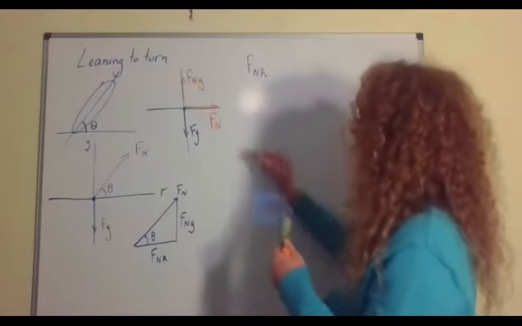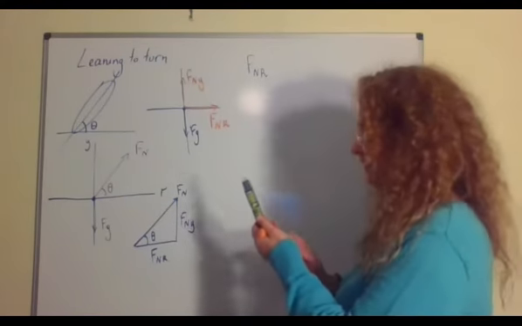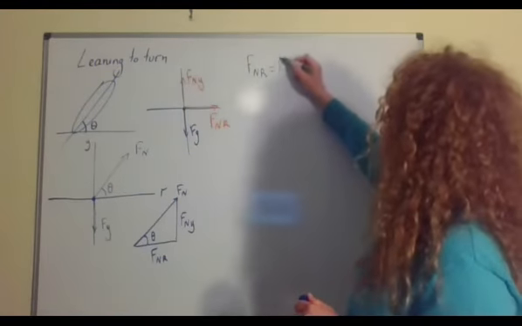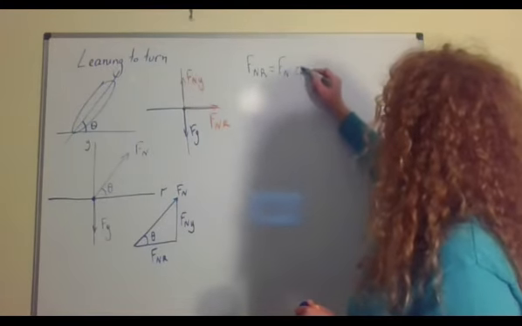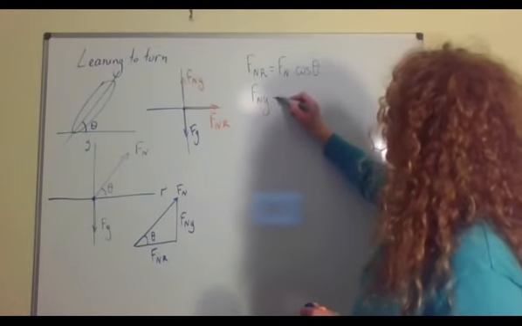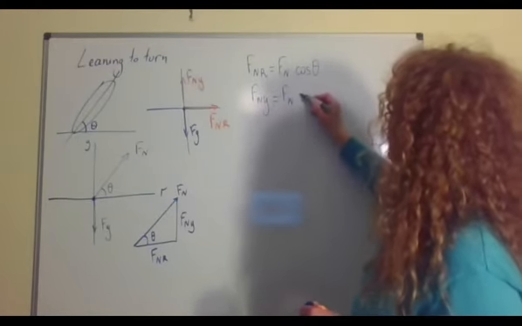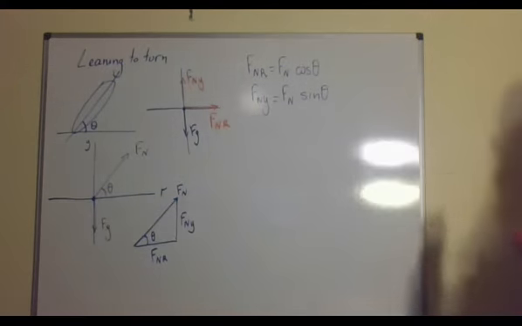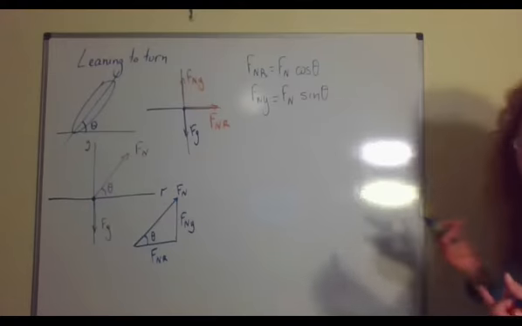Let's keep the capital R. So the radial component is the normal force times cosine theta, while the Y component will be the normal force times sine theta. I don't know the normal force. I don't know anything anyway.